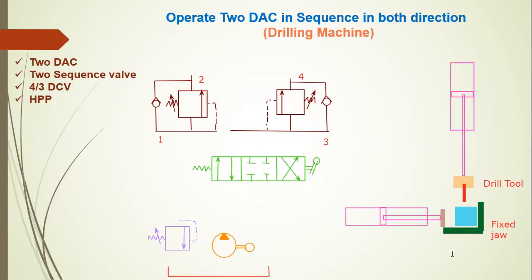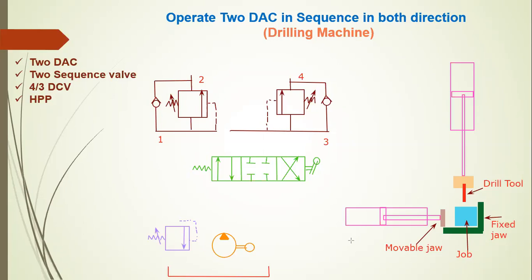Here is a workpiece or job, and here give one movable job. Give the arrow direction to mention all the components. Here is a movable job. Here is a job. Here is a fixed job, and here is a drilling tool.